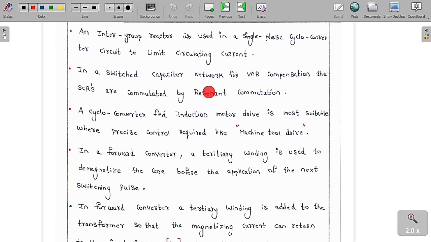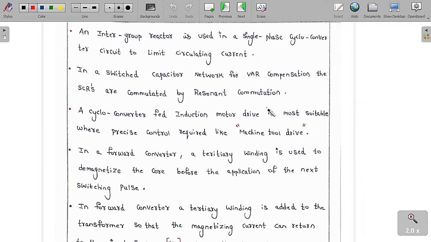So if you want to turn off the SCRs in a switched capacitor network for VAR compensation, it is done by resonant commutation.